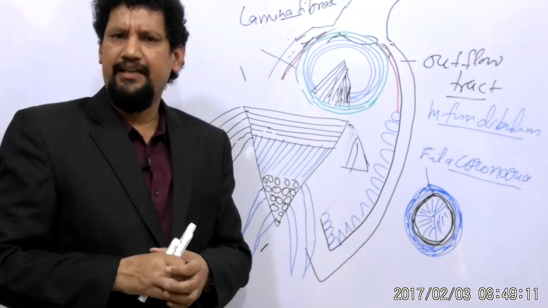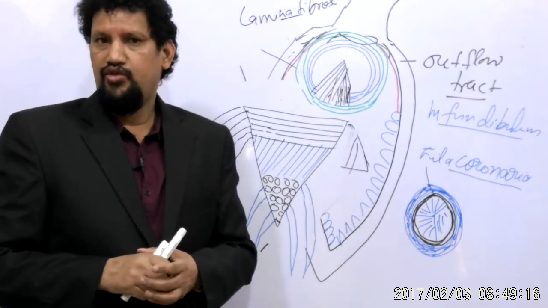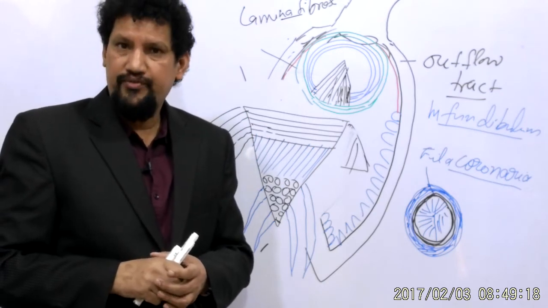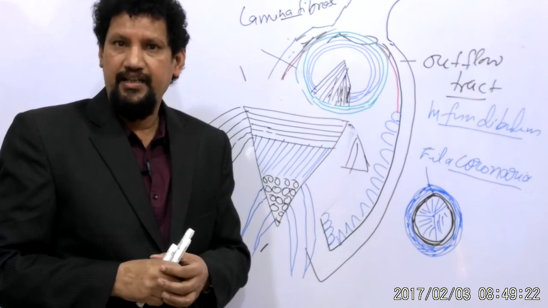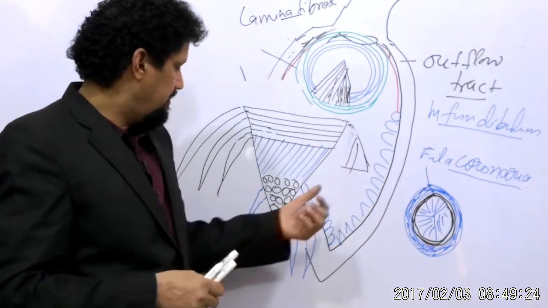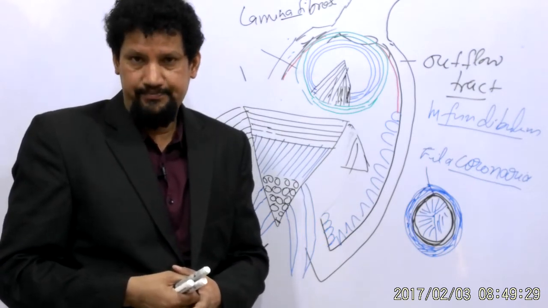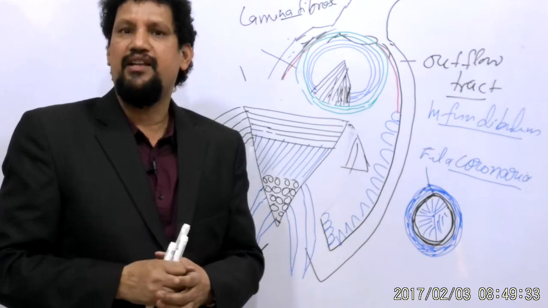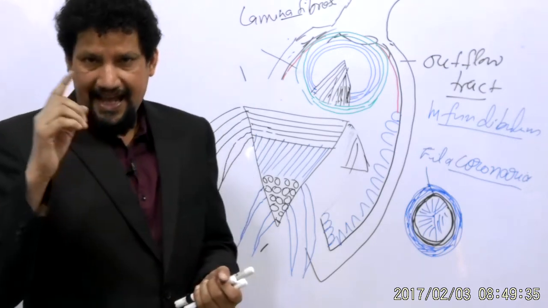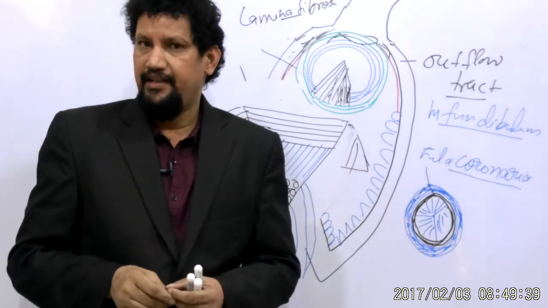So it is not of importance for clinicians. The chorda tendini of great importance for clinicians are the true chorda tendini. The true chorda tendini are collagen fibers encased by the endocardium, or simply the endothelial layer.